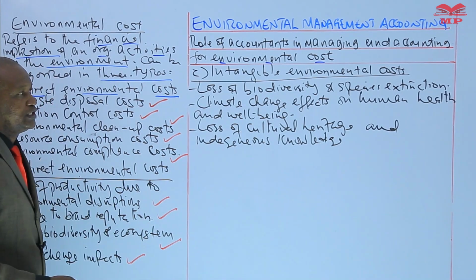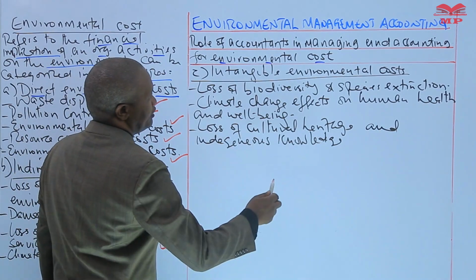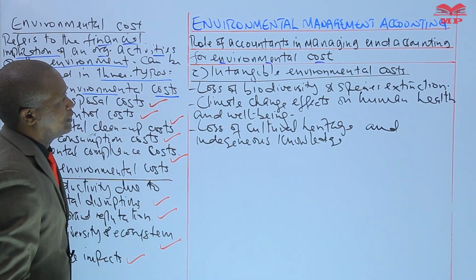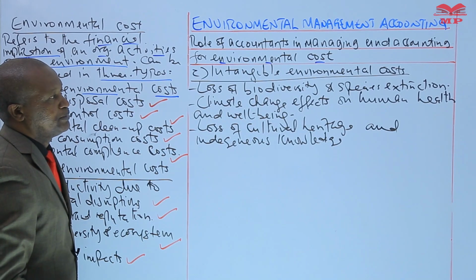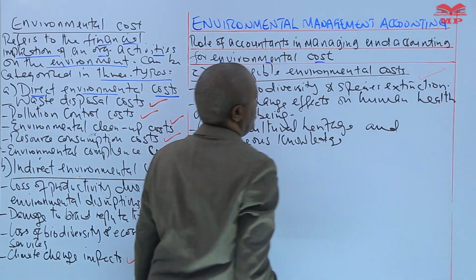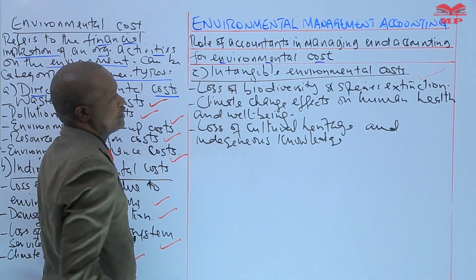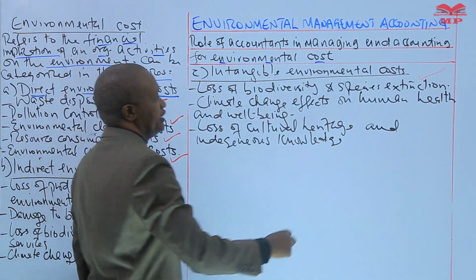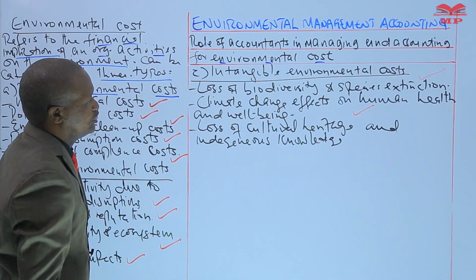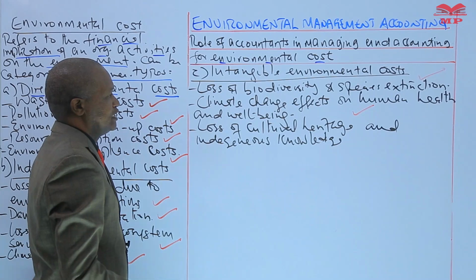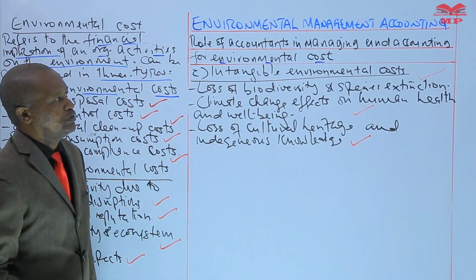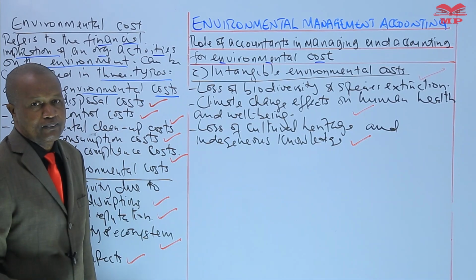Then the last category is intangible environmental costs. The first example is loss of biodiversity and species extinction. Number 2, climate change effects on human health and well-being. Number 3, loss of cultural heritage and indigenous knowledge. These are examples of intangible environmental costs.